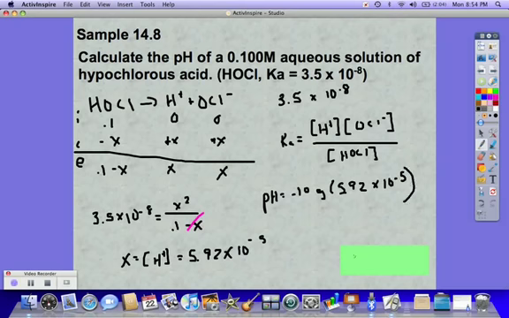Our pH is 4.23. And notice our x was very, very small, so that's why we can ignore them.